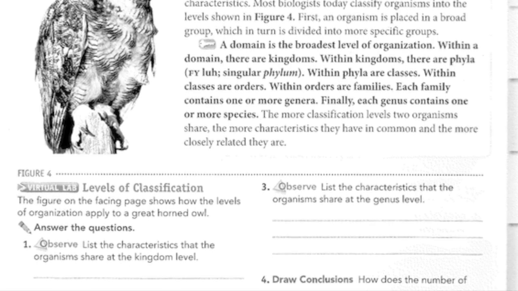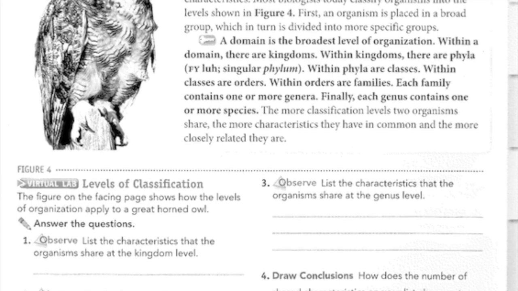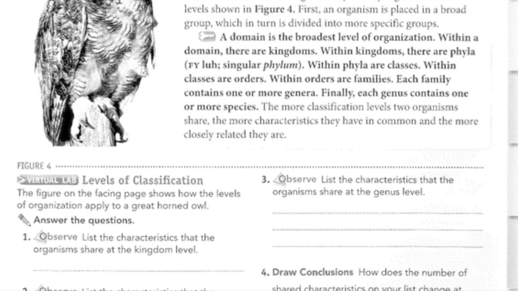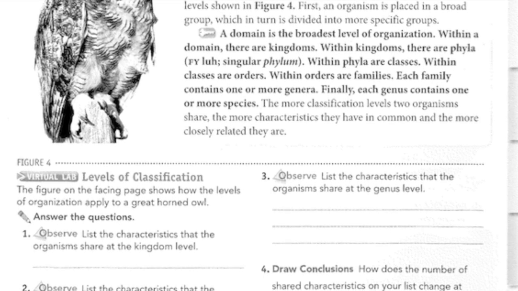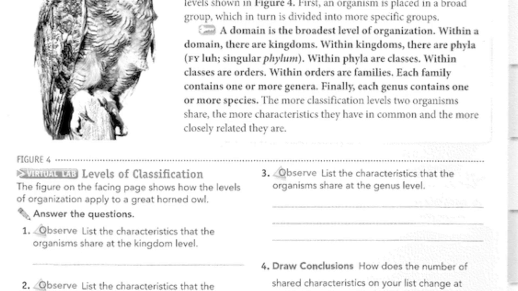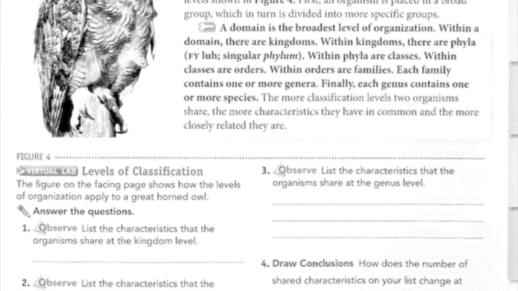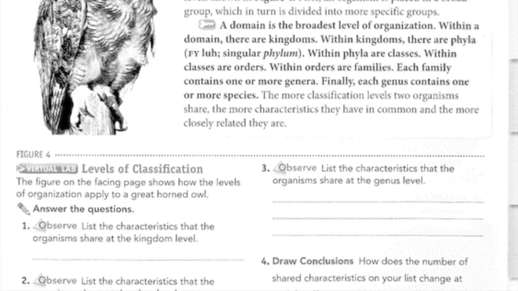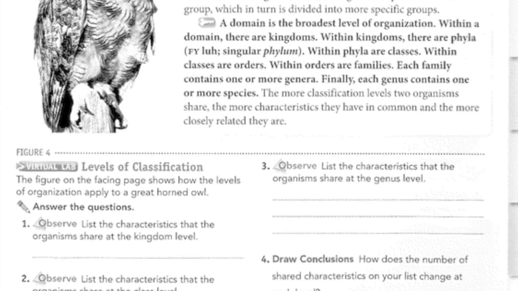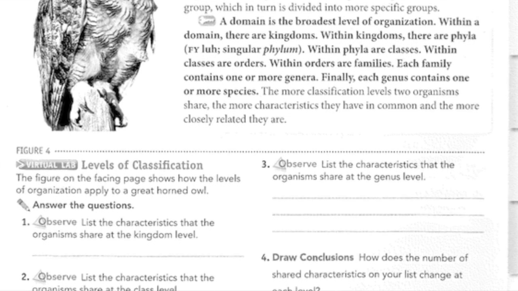Within phyla, there are classes. Within classes, orders. Within orders are families. Each family contains one or more genera. Finally, each genus contains one or more species.